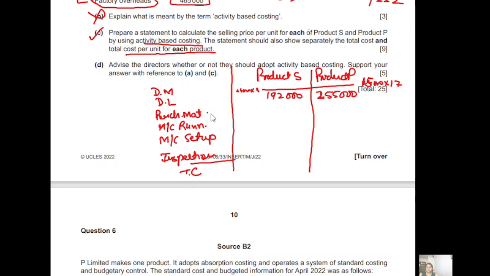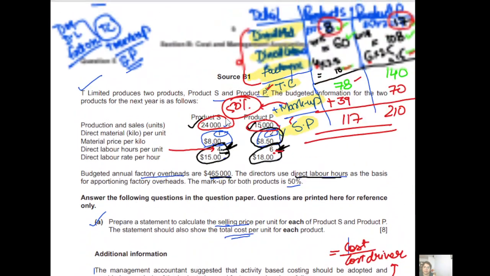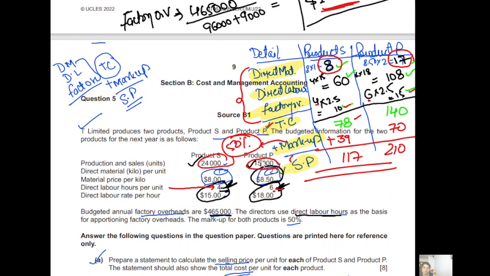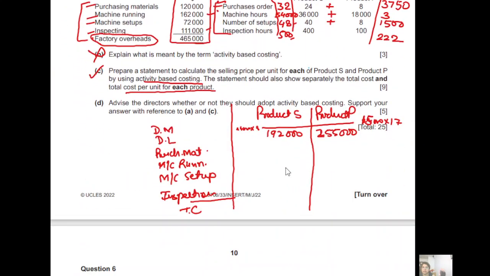Then in the same way we are going to do it for direct labor. So what is my direct labor? Direct labor is 60 and direct labor for the other product is 108. Means how much you produce. Again the same way you have to do 24,000 times 60, and here 15,000 times 108.